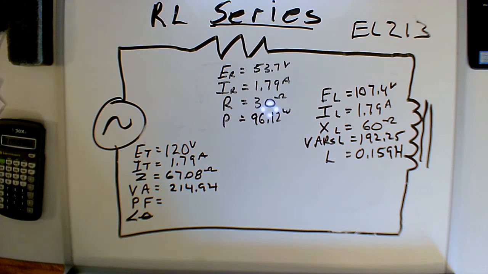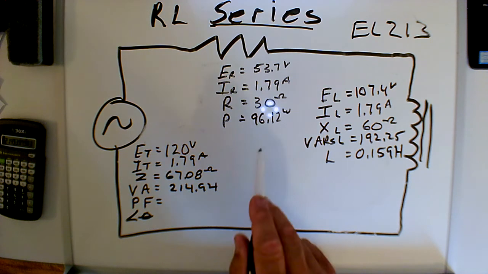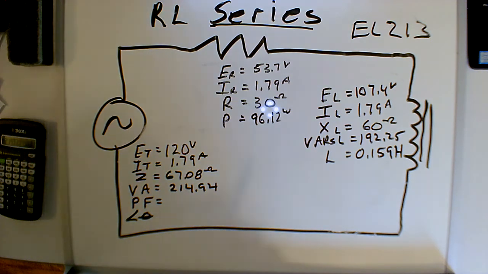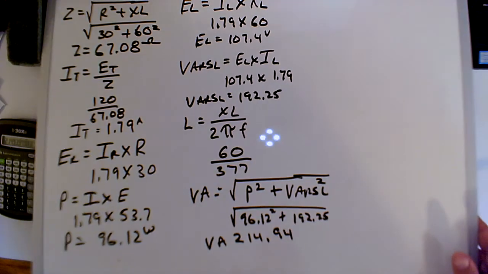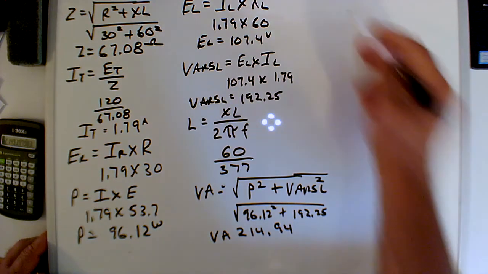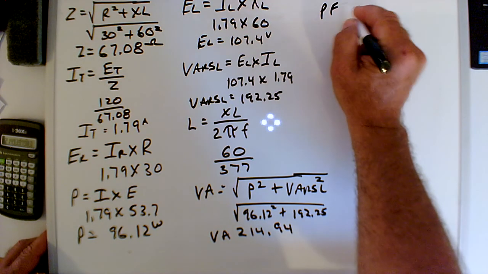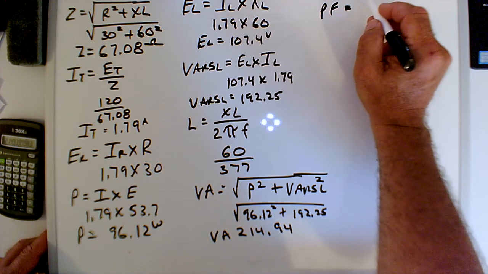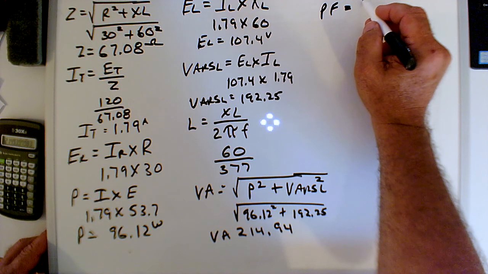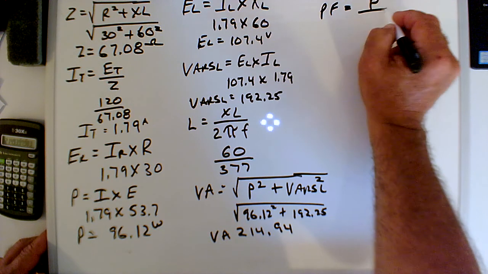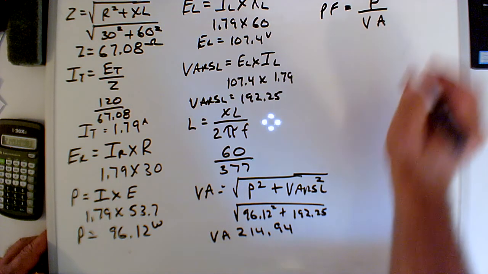Now if I want to know the power factor, we can use the true power and the VA itself. That's one of the formulas. So let's do power factor is equal to the power divided by the VA.